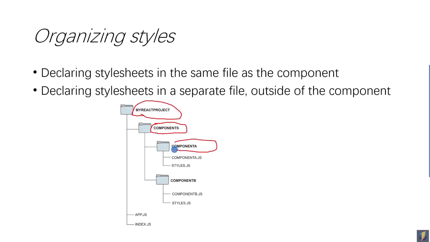This is the first one, component A, component B. Please put all the dependent files of component A in one directory, like this. This is app.js. This is index.js. This is the recommended structure of React Native.